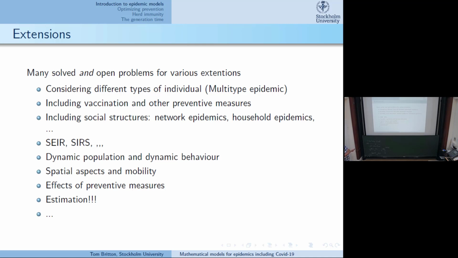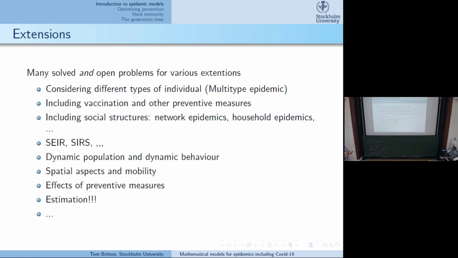Depending on what type of disease, households are known to be an important factor in spreading of aerosol type of diseases. If you're interested in sexually transmitted infections, then households are not, and quite often you use network models instead. Extending these to waning of immunity and introducing a latent period is another thing that I haven't talked about much.